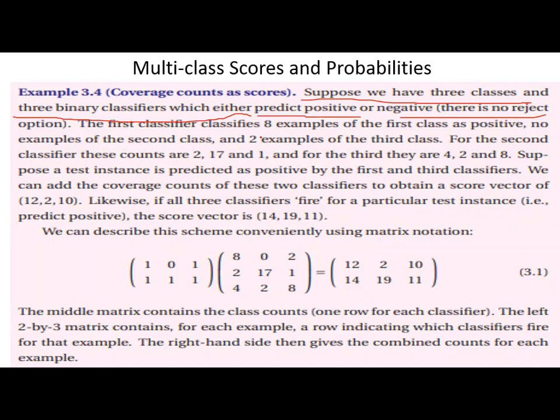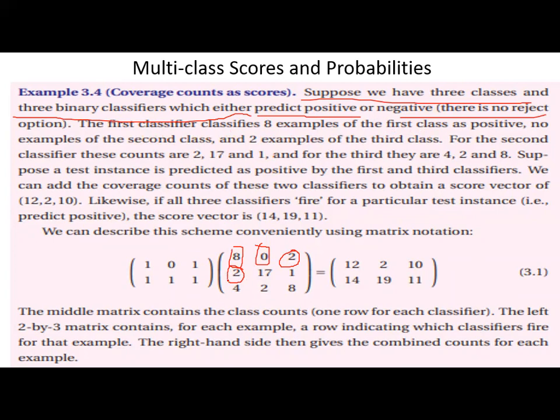The first classifier classifies 8 examples of the first class as positive, no examples of the second class, and 2 of the third.